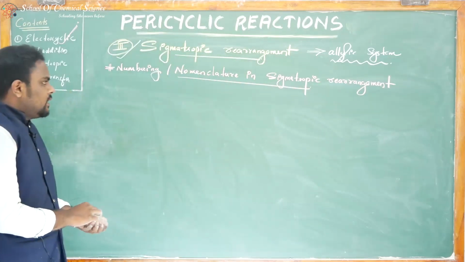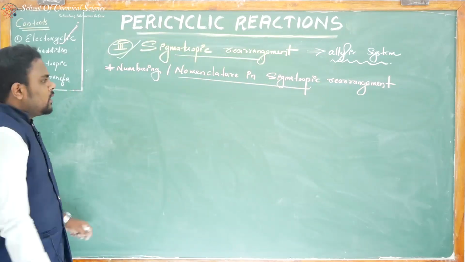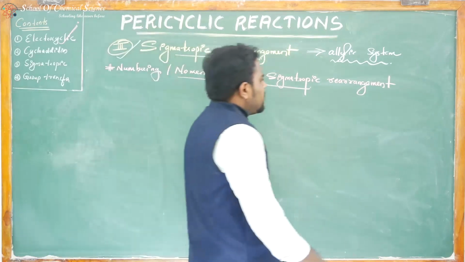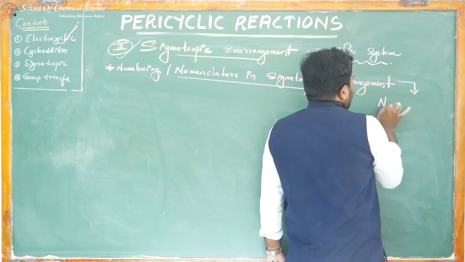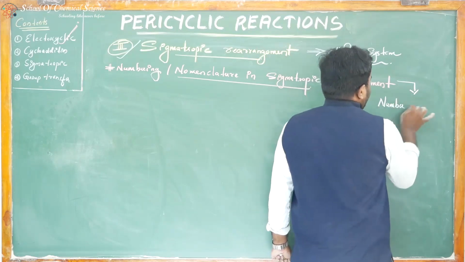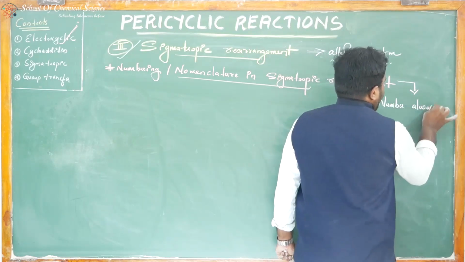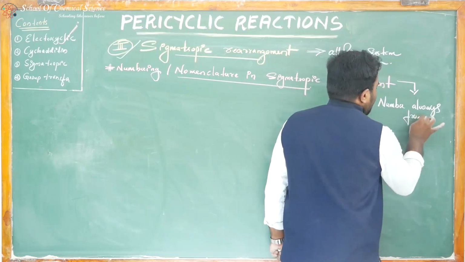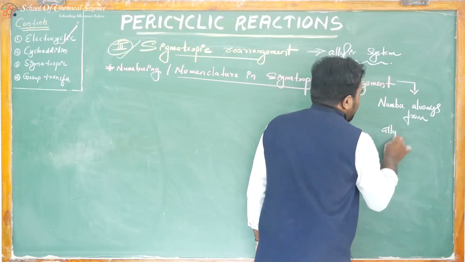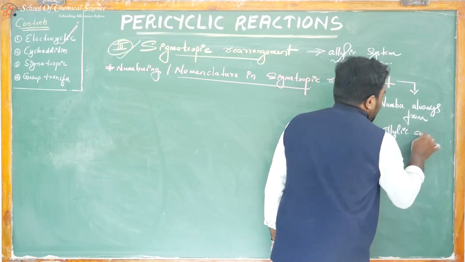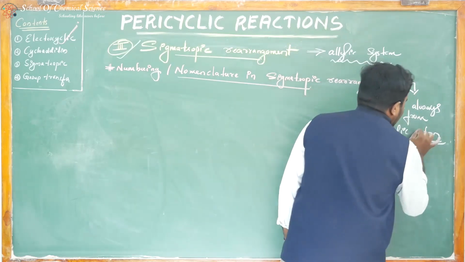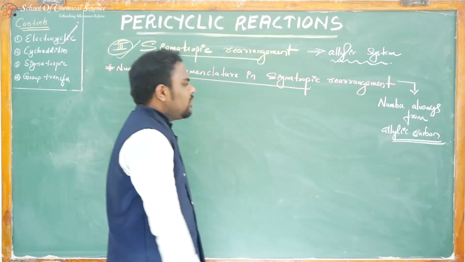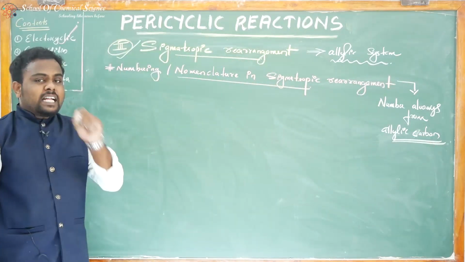So please listen. Numbering or nomenclature. First point that you have to memorize: numbering always from the allylic carbon. Numbering always from which carbon? Allylic carbon. Numbering always from the allylic carbon. So that is an important point.